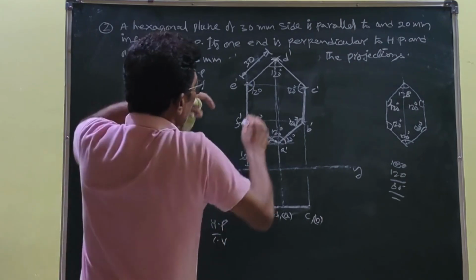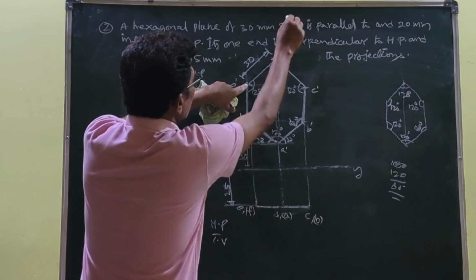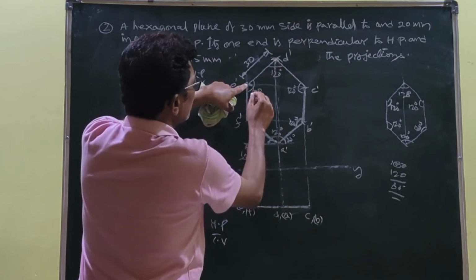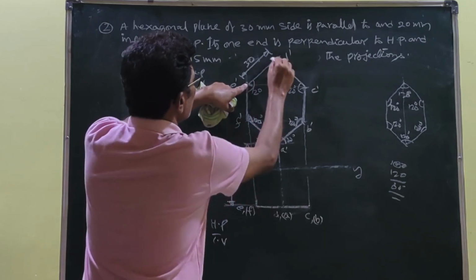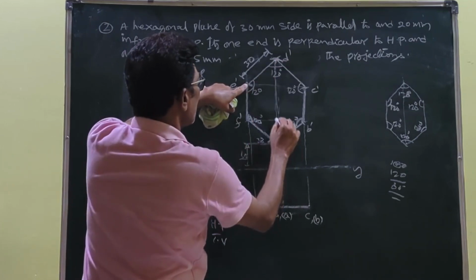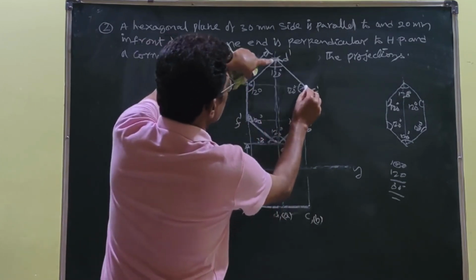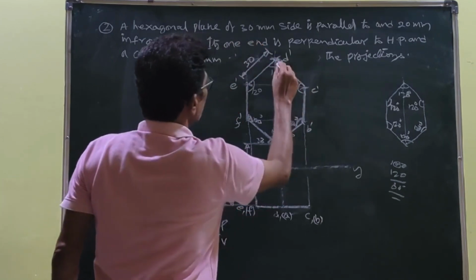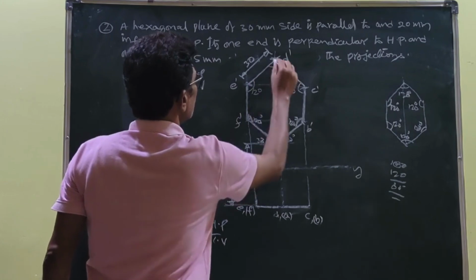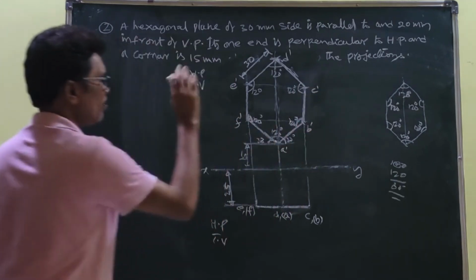Here you come to this point as center, 30 mm, you need not set up 120 degrees, automatically it will be 120. You draw a central axis line extended here, again C dash as a center, 30 mm radius, you cut it, you get this point. Once you get this point, you join this one, you join this one, you can get the front view.